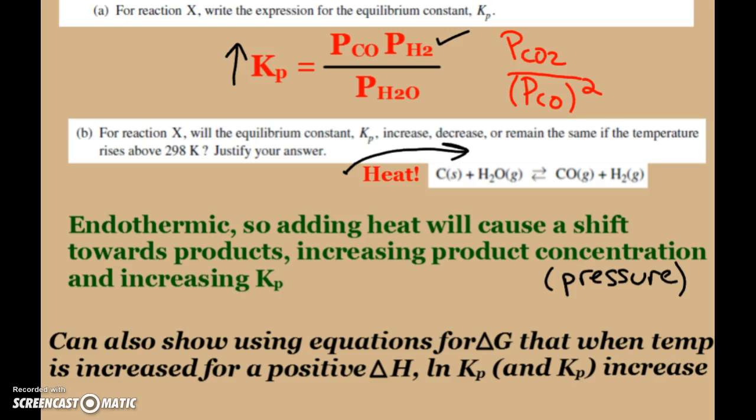So you could show that when temperature is increased for a positive delta H in an endothermic reaction, the natural log of K and therefore K also increase. That seems like a trickier way for me. I'm a simple folk. I want to poke. So if you can just poke a reaction and see which way it's going to go, that would probably be my personal best bet.